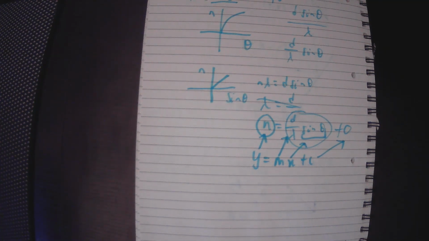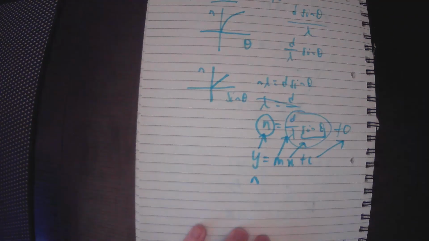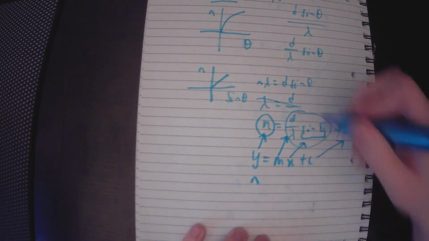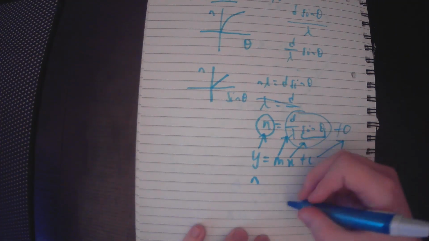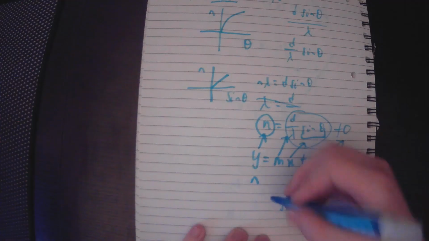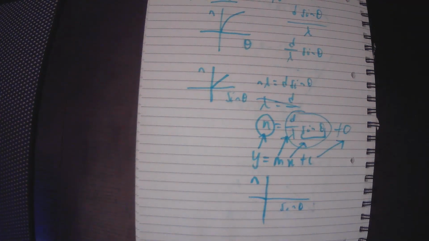So that's how you can imagine it. So now, instead of plotting y on the y-axis, we're going to plot n on the y-axis, and instead of plotting x on the x-axis, we're going to plot sine theta on the x-axis. And hopefully that has made enough sense for you guys.